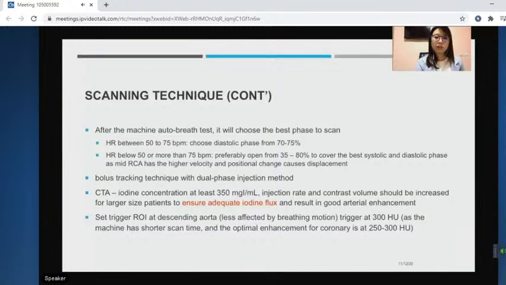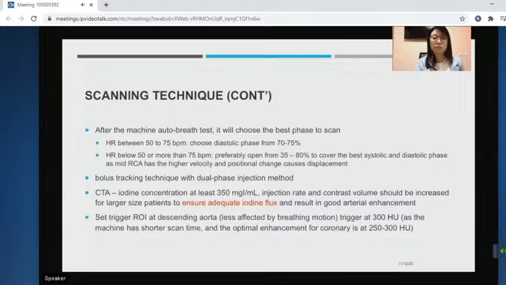We use bolus tracking in our machine with dual phase injection, meaning we inject contrast and chase with saline. For CTA cases, we always use a higher iodine concentration contrast, at least 350 and above, to make sure you have enough iodine flux to get good arterial enhancement.